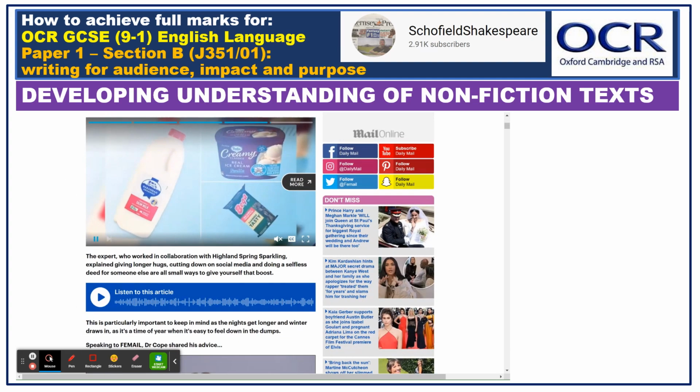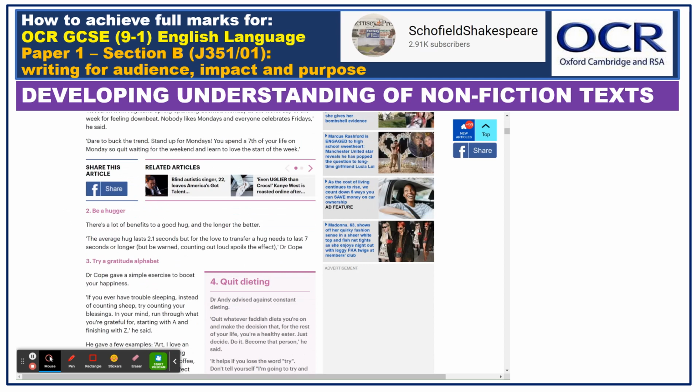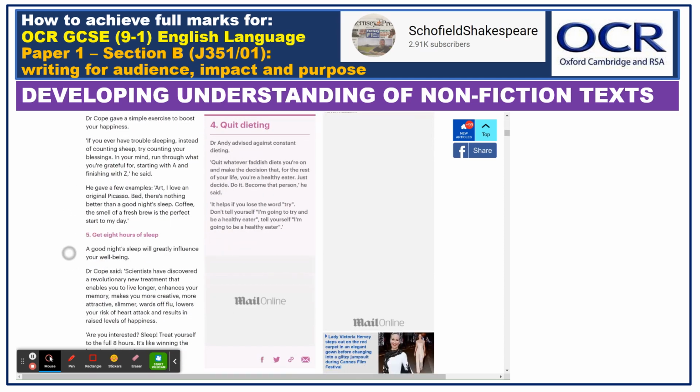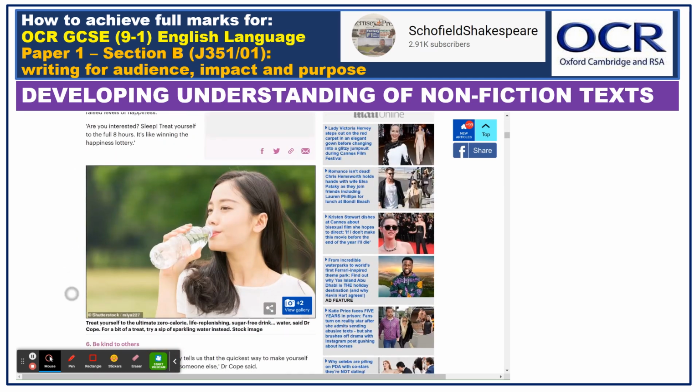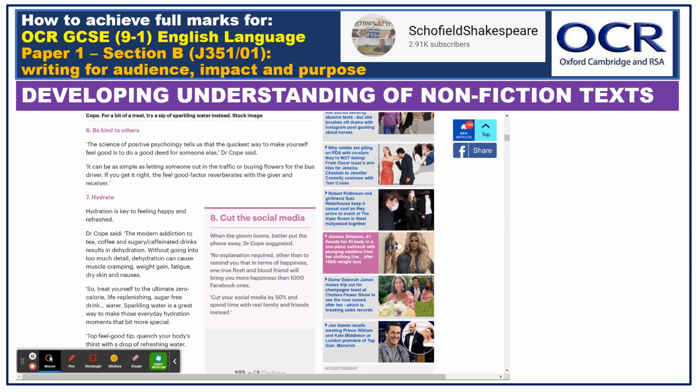So what are their tips for how to survive modern life? Fall in love with Mondays, be a hugger, try gratitude alphabet, get 8 hours of sleep, be kind to others, hydrate. The issue I have with this, though, is that this seems to be aimed very much at older female readers, whereas, of course, our article is aimed at teenagers.